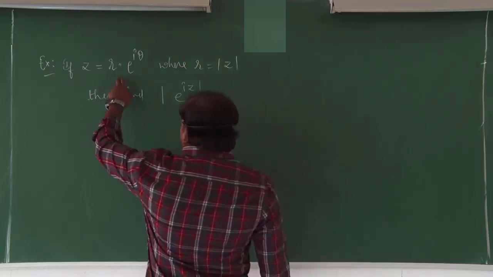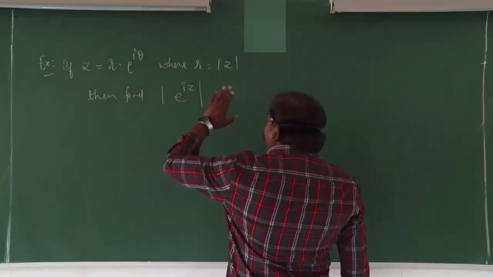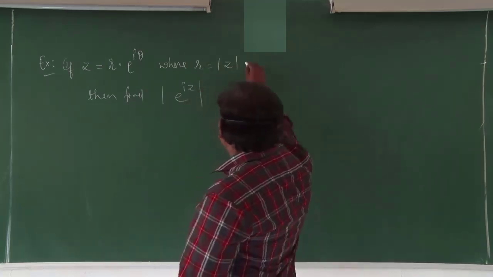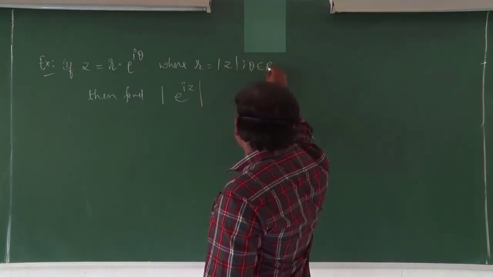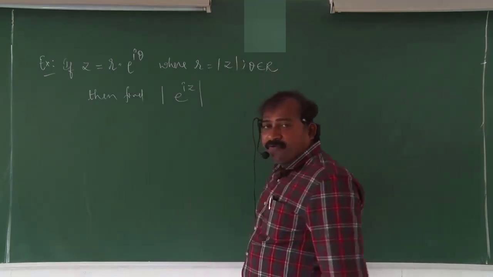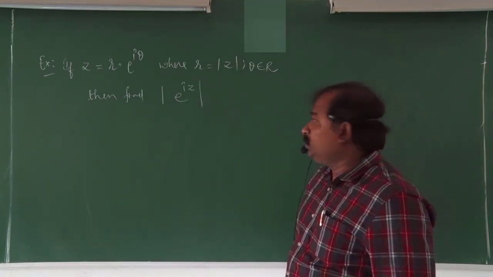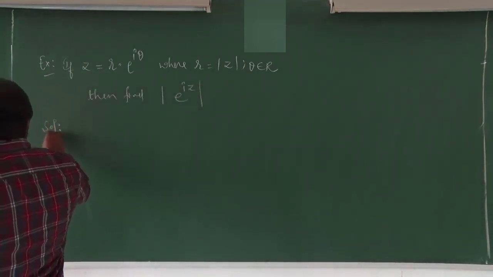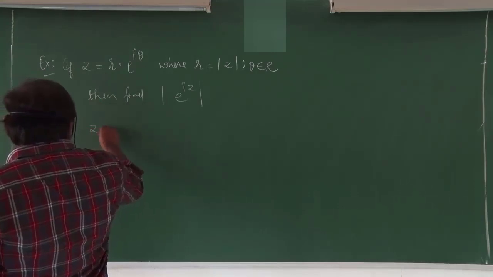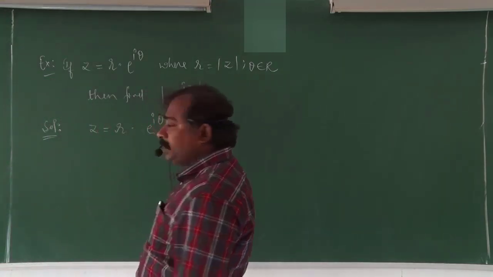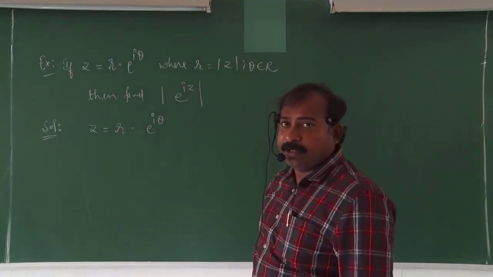This is general. z is equal to r into e power i theta. What is the r value? r is nothing but the modulus of the complex number z, and they are given theta belongs to capital R. Then find the modulus of e power iz. First of all, z is equal to r into e power i theta.